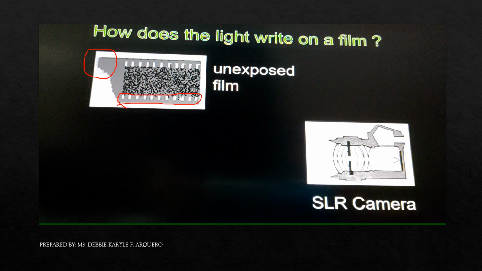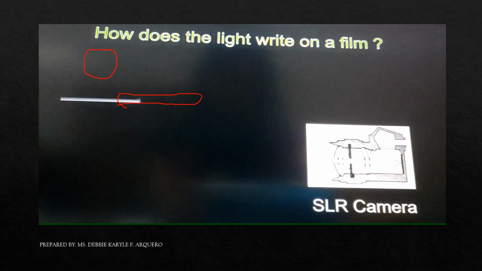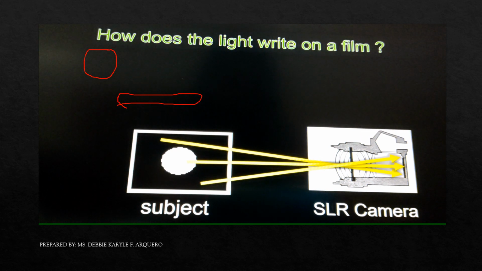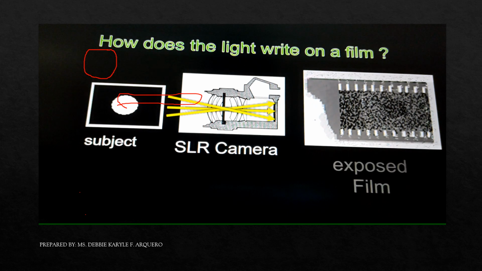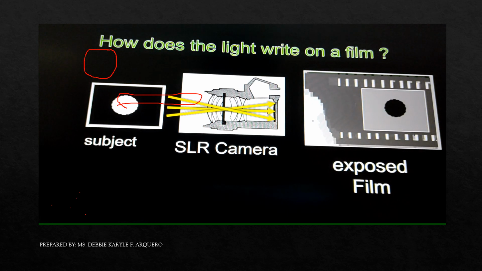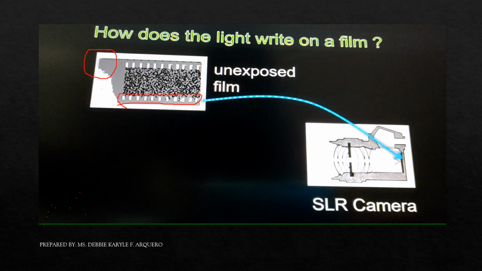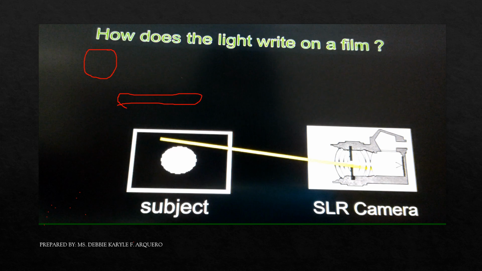So this is an example of an exposed film. Film will be put inside the mechanical device, specifically the analog camera, and later on, when light will hit the unexposed film, the subject will be recorded.